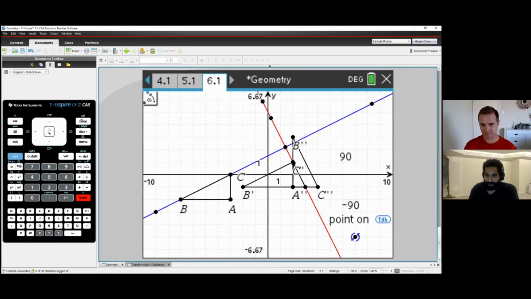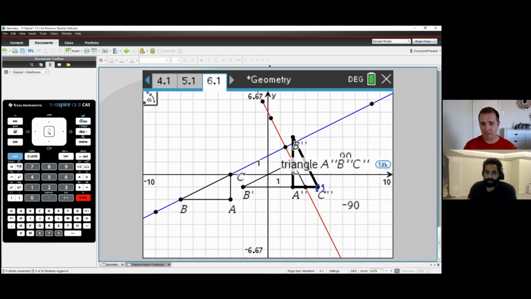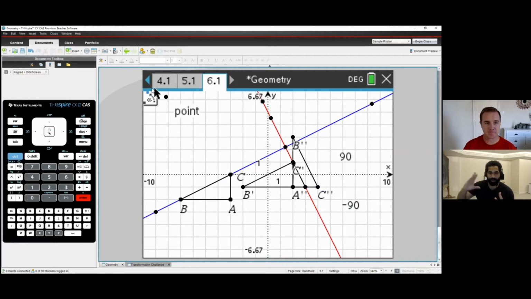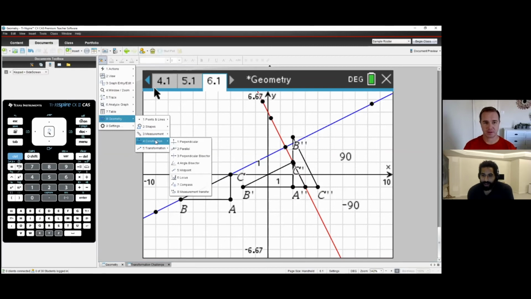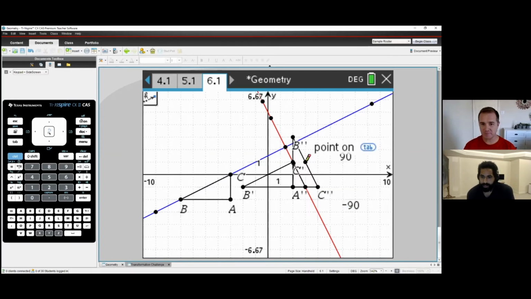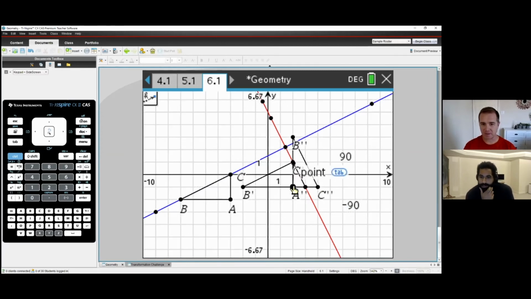Now it looks like we have a point that's on top of itself. It looks like one is a bigger version of the other, and we just need to scale it down by a factor of 1/2. We can do a dilation on that figure about that point, 1 divided by 2, 1/2.